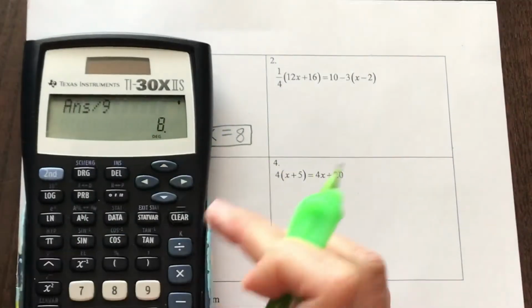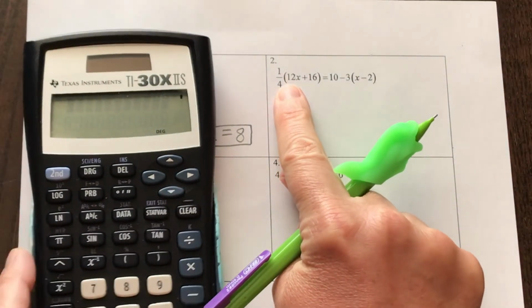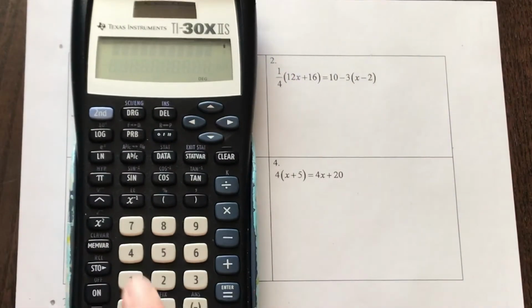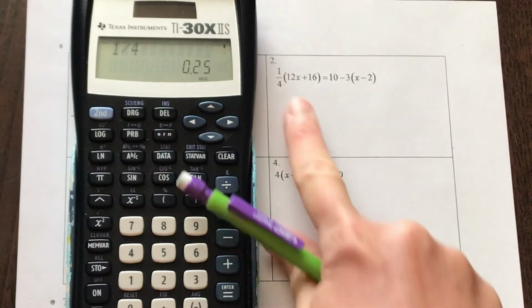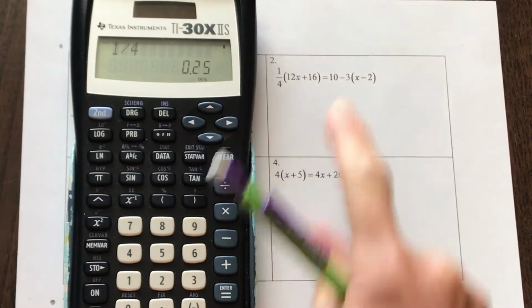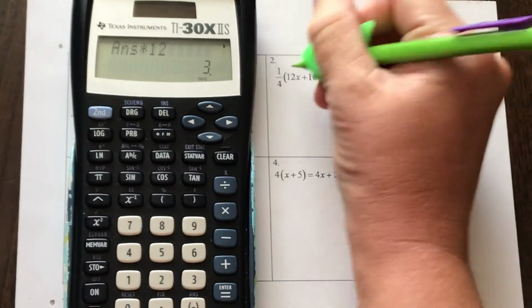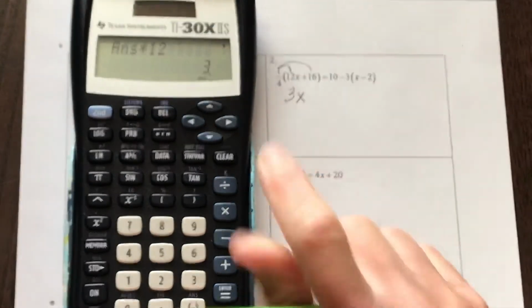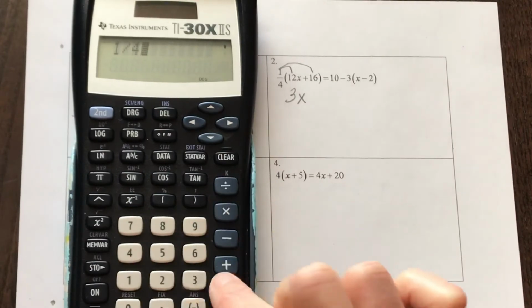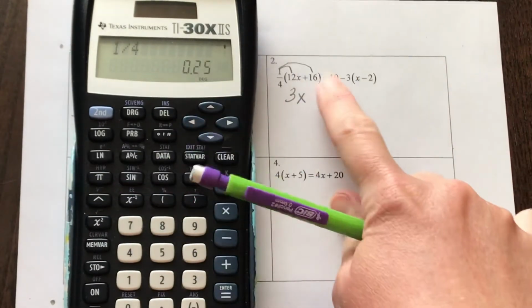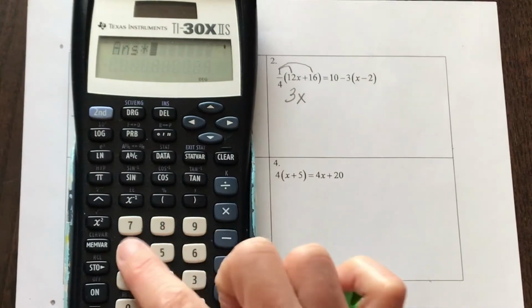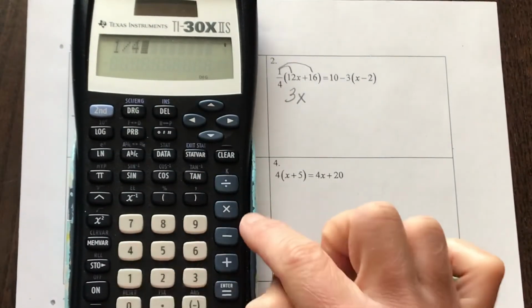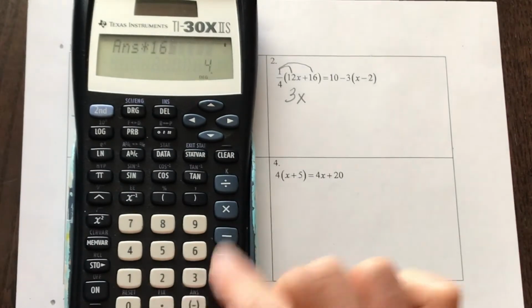In the second example, I need to distribute a fraction. So I'm going to take 1/4, so 1 divided by 4, and I'm going to multiply that by 12. So this is going to be 3x and 1/4 times 16. 1/4 times 16 is 4.